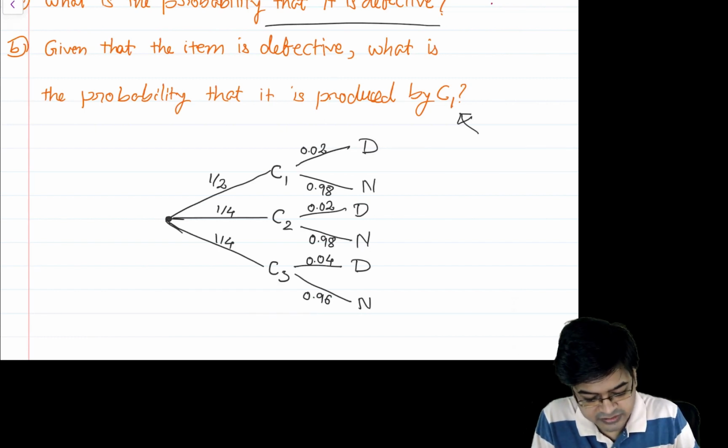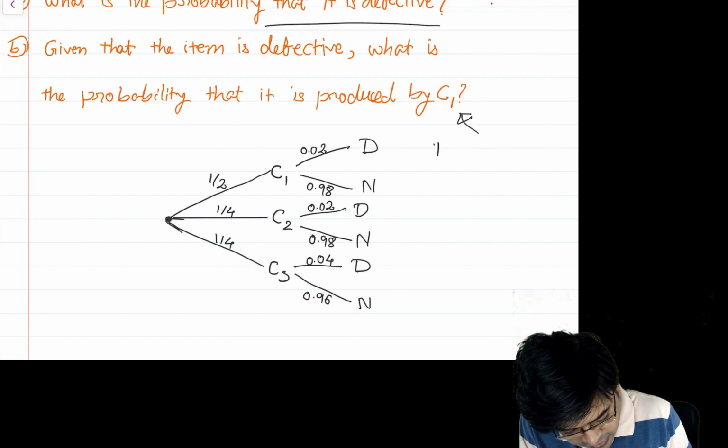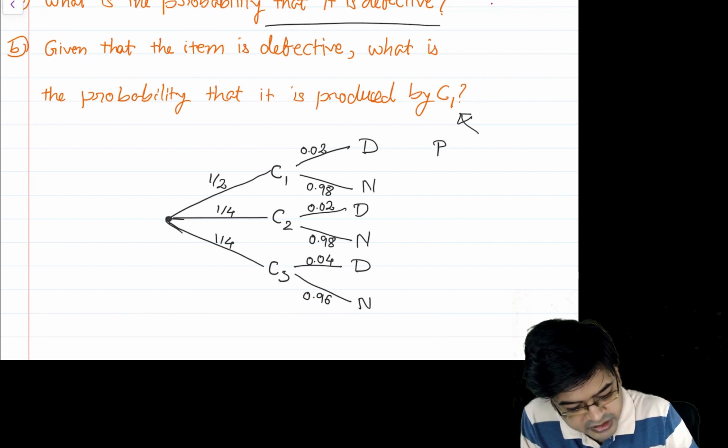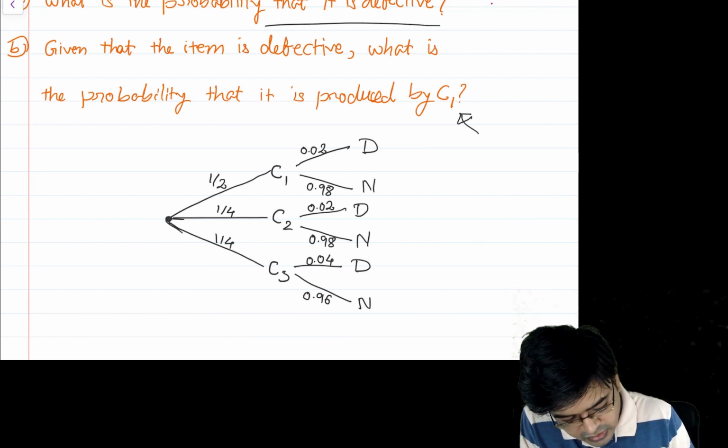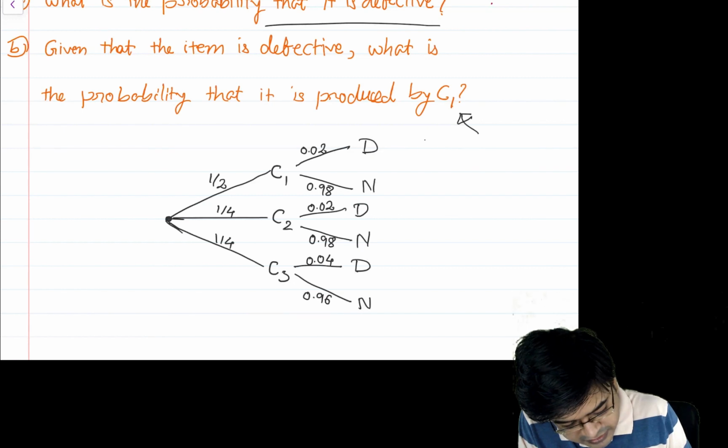So now at this branch, what we have is a partition of the sample space in terms of events. That is, this event is D intersection C1, this event is N intersection C1.